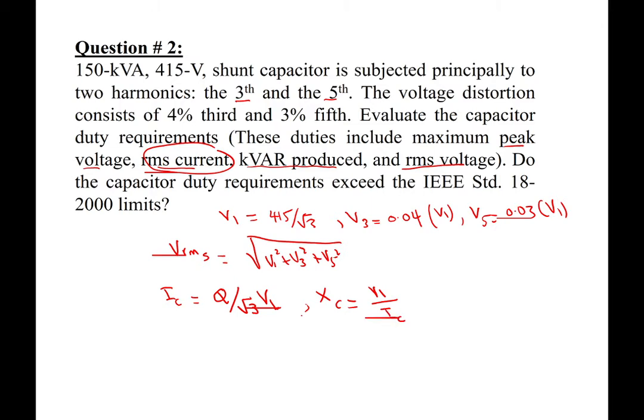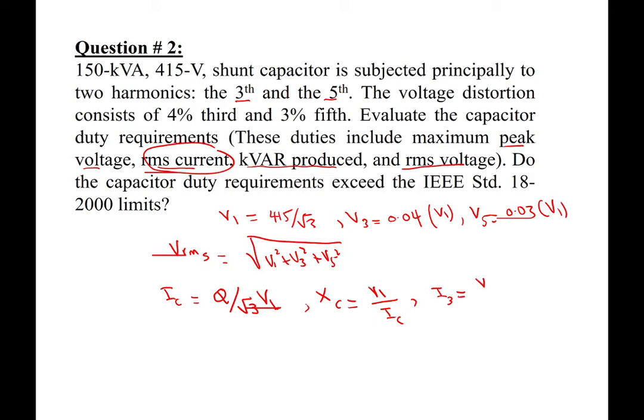So that will give you the value of XC. Okay, now we can calculate the current I3, the current that passes through the capacitor due to the third harmonic.